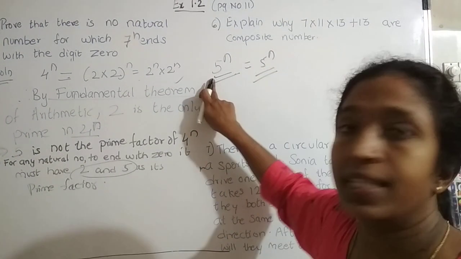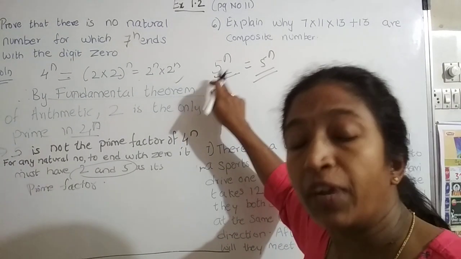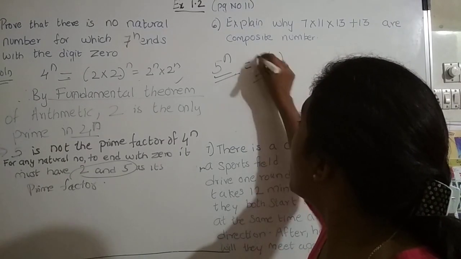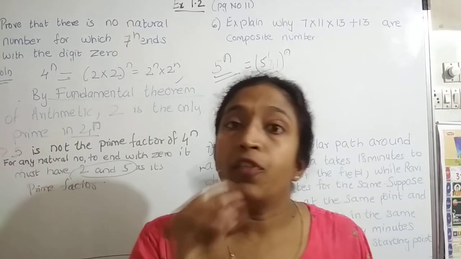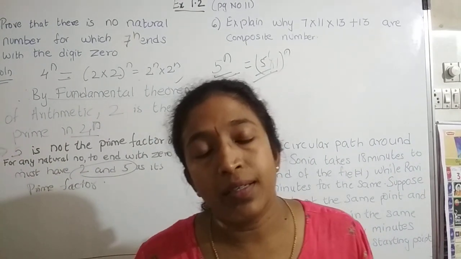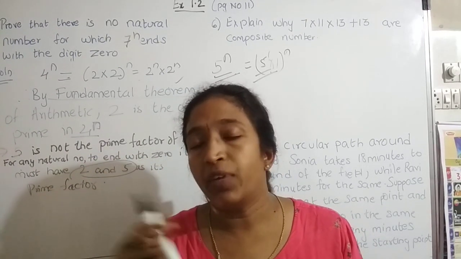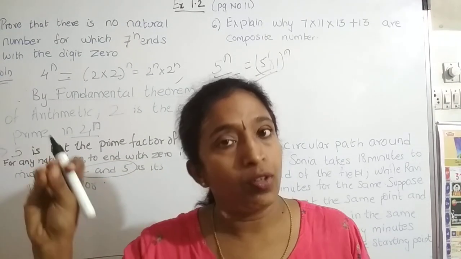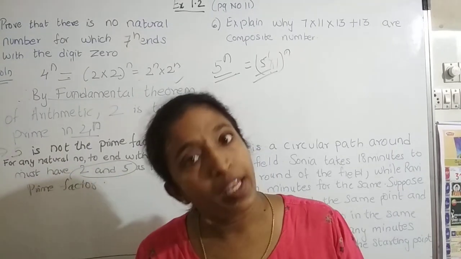If it comes for 2 marks, what will you write? You will write that by the fundamental theorem of arithmetic, 5 has only 5 as its prime factor. So this implies 2 is not a prime factor of 5 raised to n.